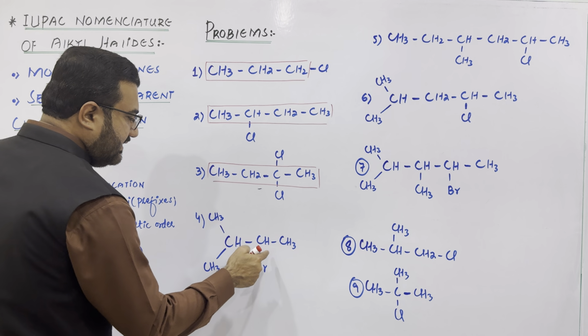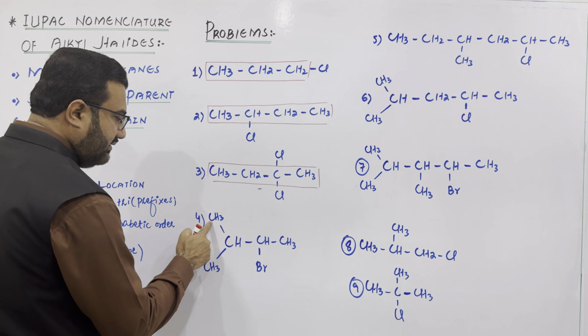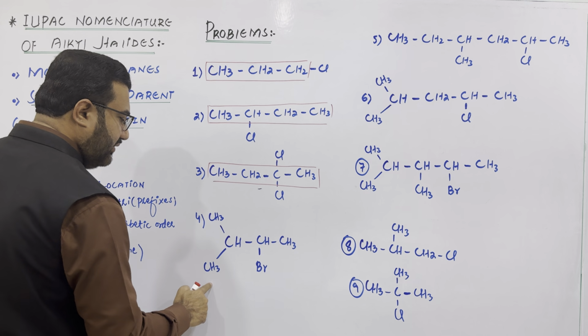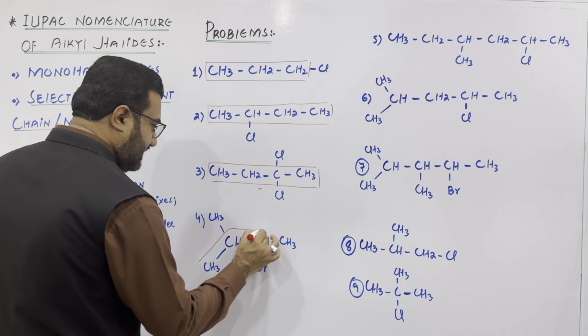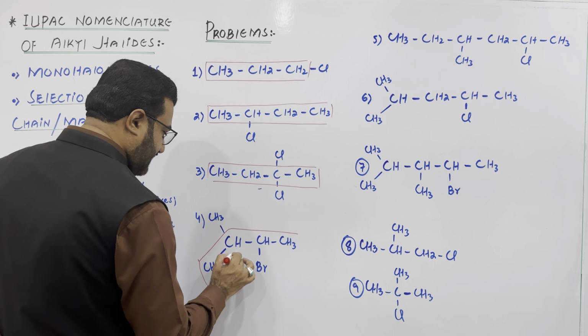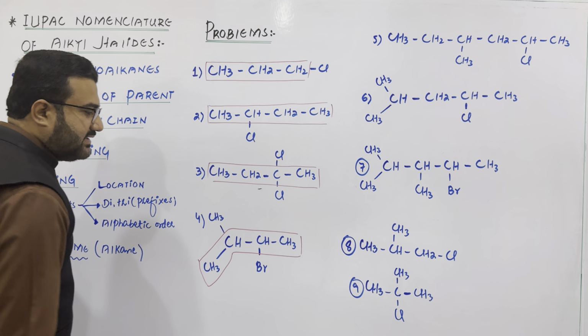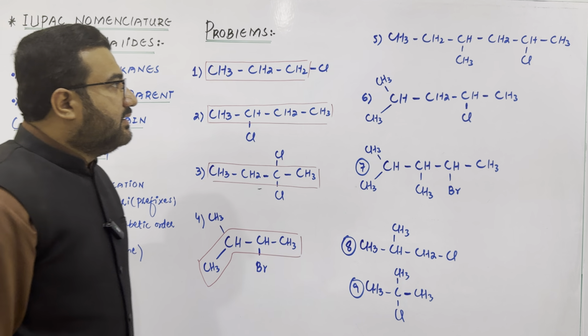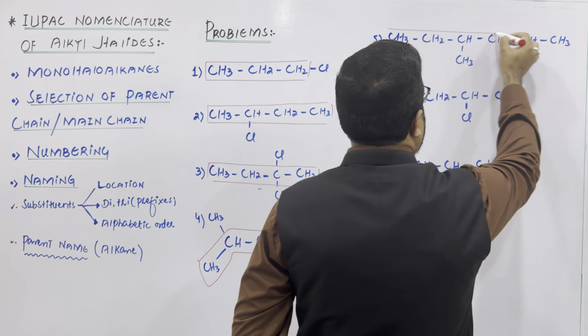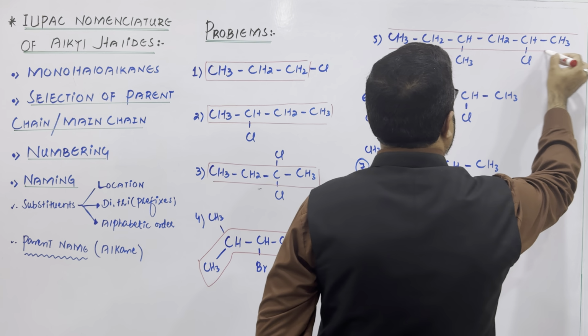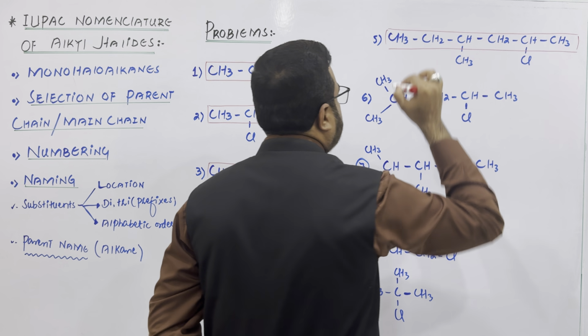Now, in this case, 1, 2, 3, 4, or 1, 2, 3, 4. So both are possibilities. Both can be selected as the parent chain. So let us select this chain as the parent chain. Now, my dear students, in this case, again, the straight chain will be your parent chain.